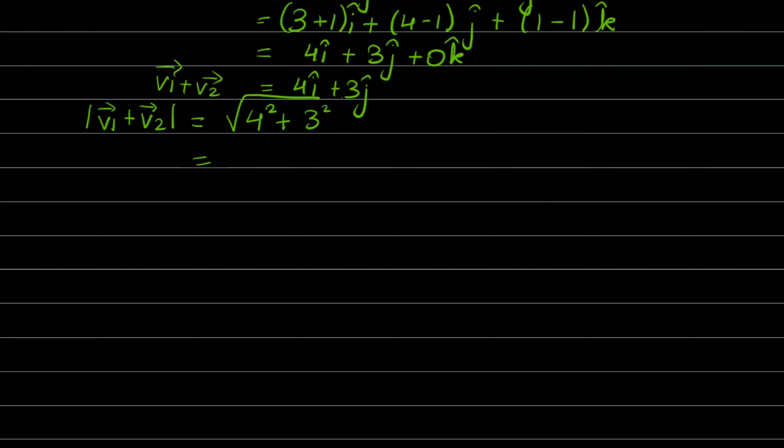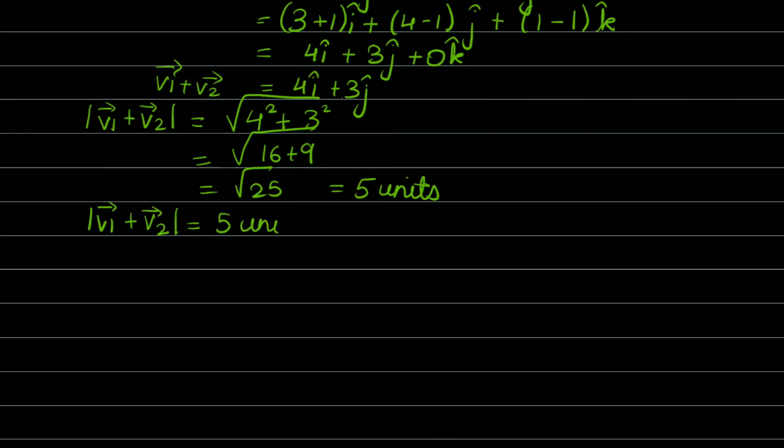So we get 16 plus 9, which is under root 25. The value of root 25 is 5 units. So the magnitude of V1 vector plus V2 vector is 5 units.